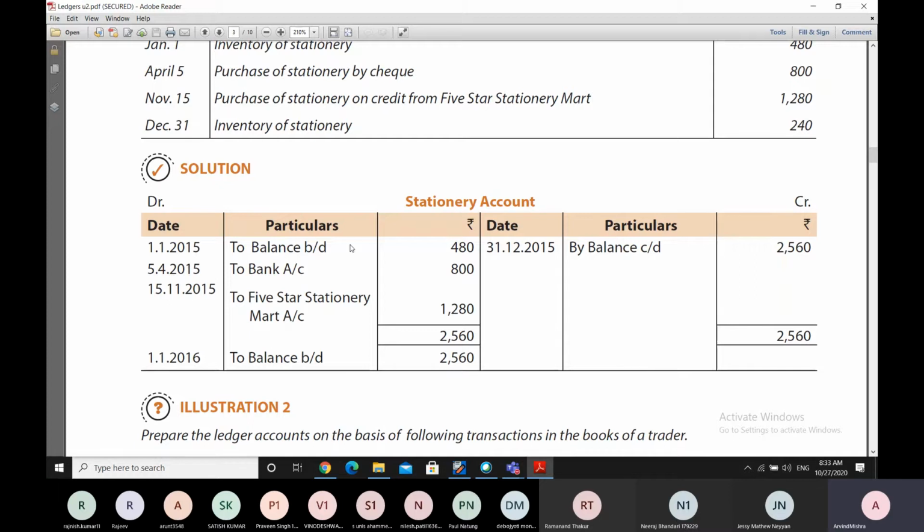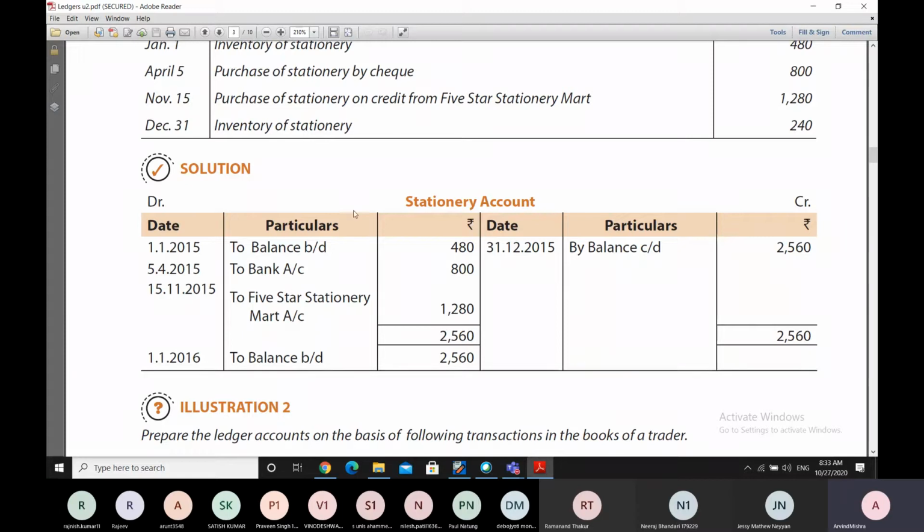In the previous year, that account must have been closed by making the entry of the debit balance on the credit side. And at that time, when the entry would have been made on the credit side of the debit balance in the previous year, that entry would have been 'by balance carried down'.